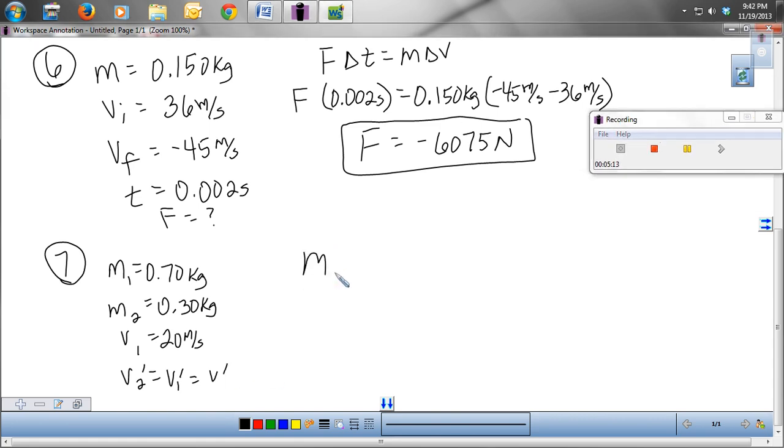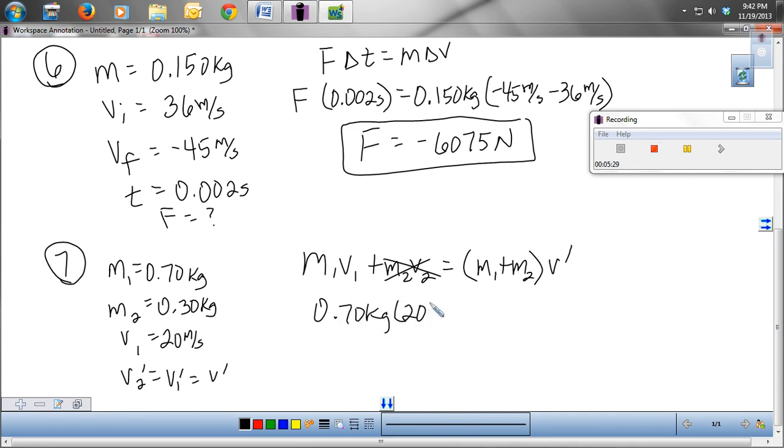So I'm going to have m1 v1 plus m2 v2 equals m1 plus m2 times V prime. This is 0, so 0.70 kilograms times 20 meters per second is equal to m1 plus m2, which is 0.70 kilograms plus 0.30 kilograms, times V prime.